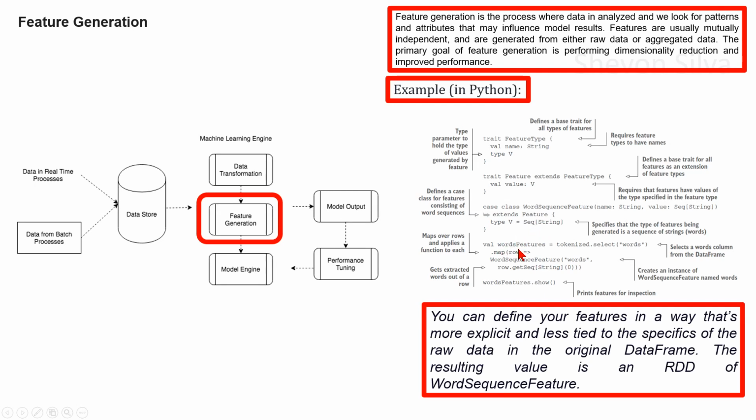Here we select the words column from the data frame. Here it maps over rows and applies a function to each.